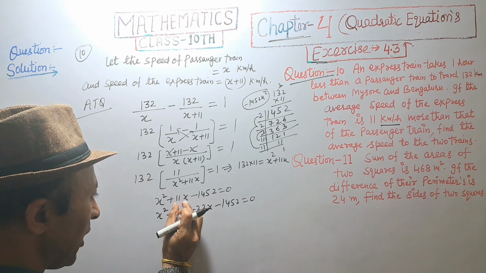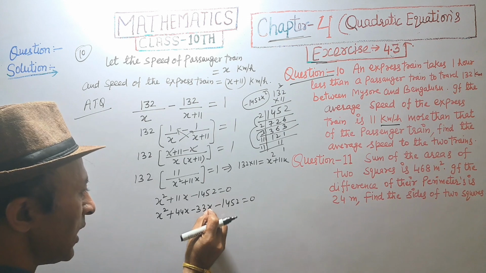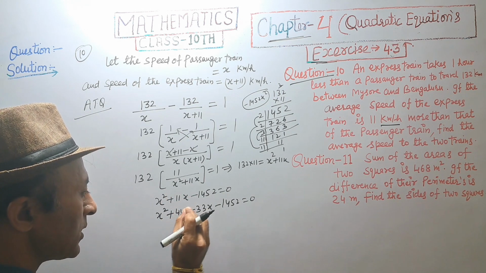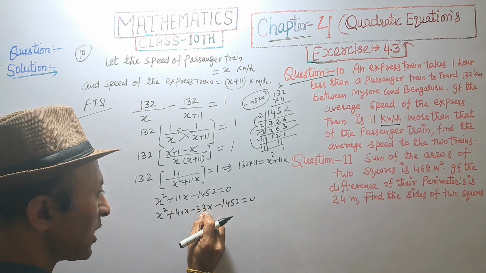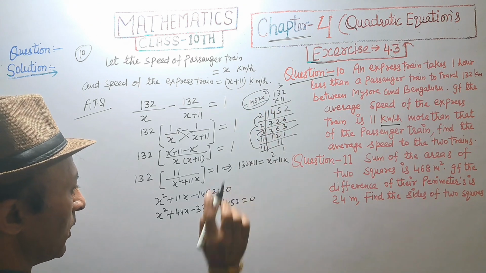We are splitting 11x equal to 44x minus 33x, that is 11x, and the product of 44x and minus 33x is minus 1452x square.